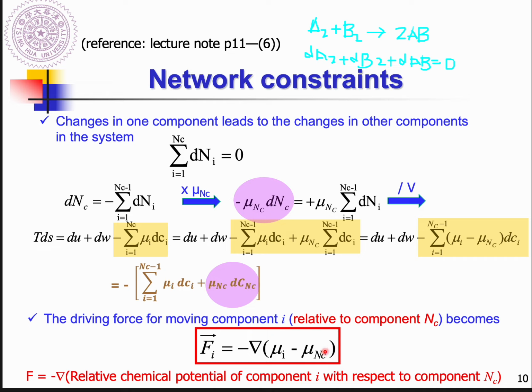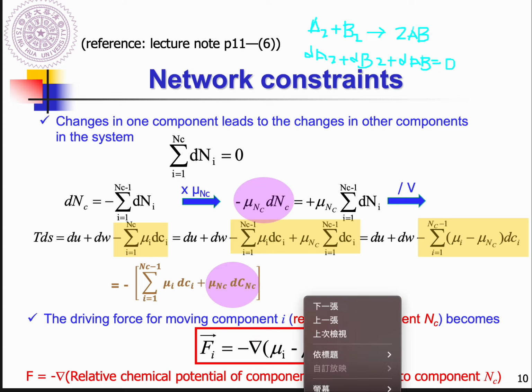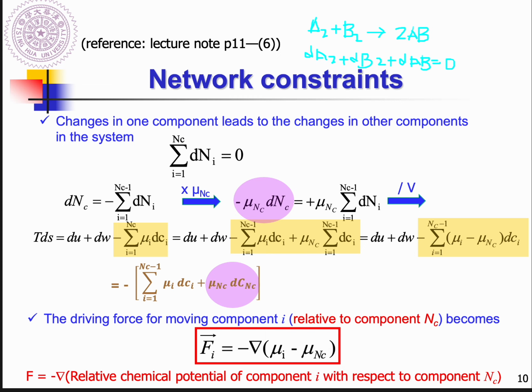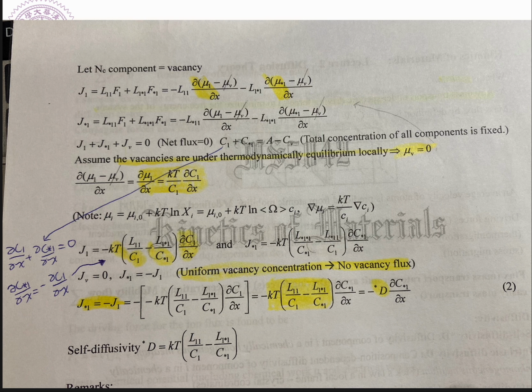It can be considered vacancy. So the driving force here will be the chemical potential of atom i minus the mu vacancy, take the minus gradient on it.